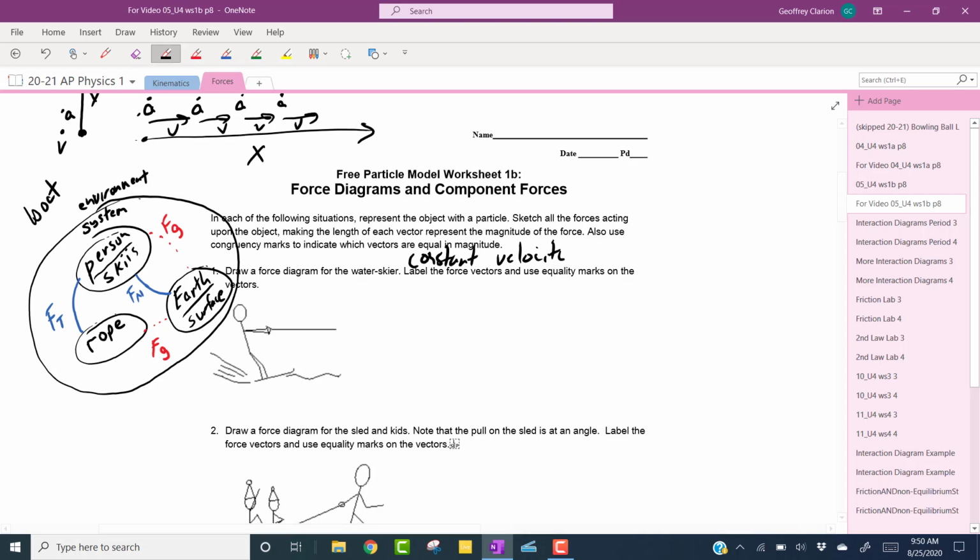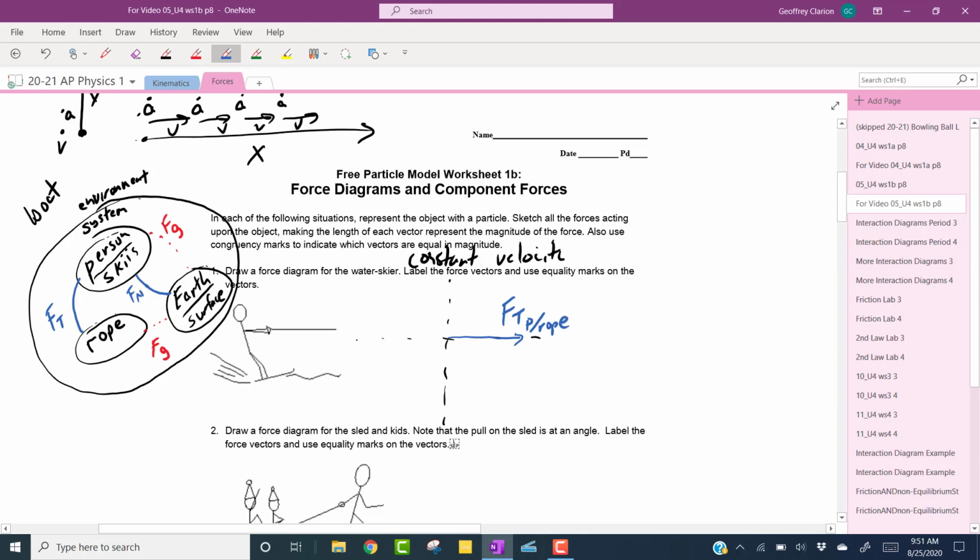So let's draw our force diagram. In this force diagram, I'm going to first draw the horizontal and vertical components, and I've got to draw them in the correct direction. So to the right, I'm going to draw the force of tension, and that's on the person by the rope.